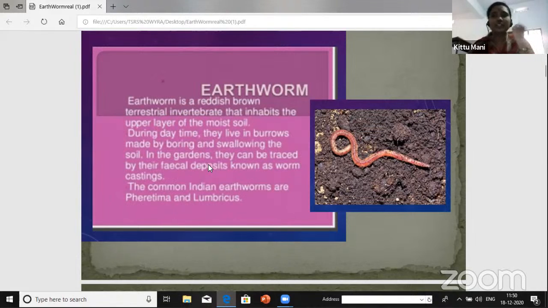That fecal matter is nothing but the soil, but we observe it as castings. The common Indian earthworm, its scientific name, is Pheretima. What is the scientific name, students? Pheretima. And Lumbricus also, they are the common earthworms present in India.